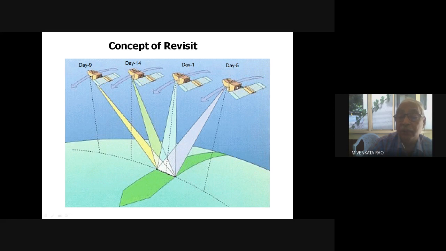Then the satellite will be tilted, and again you image this area. Again after another 5 days, it will go slightly away, and again you tilt it this side and see this area. So basically here the revisit is 5 days. Repetitivity is by orbit itself, revisit is by mission planning.